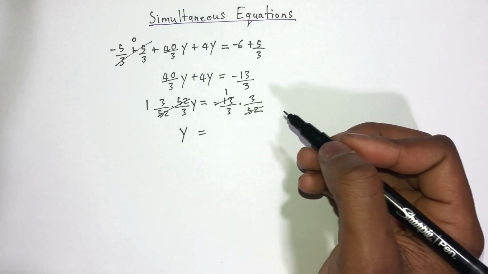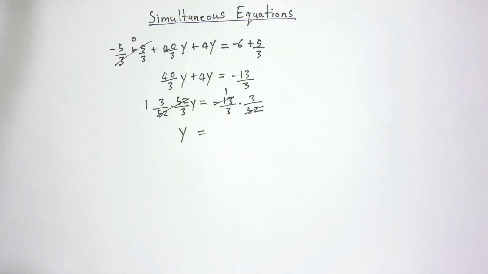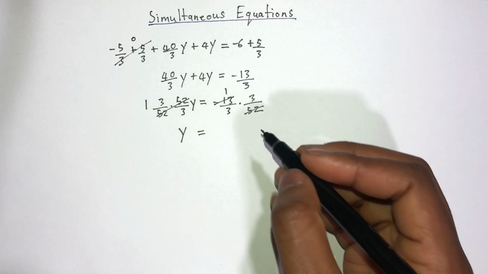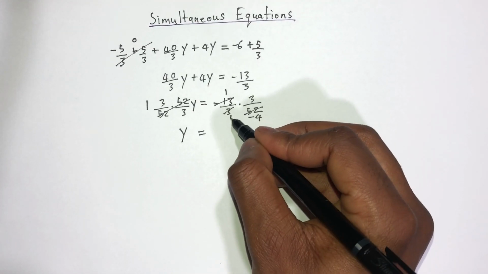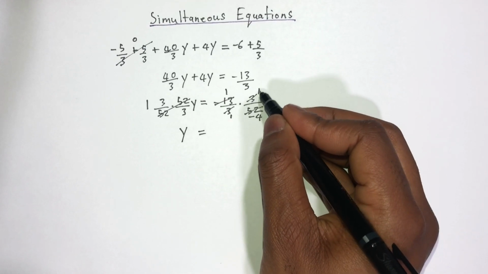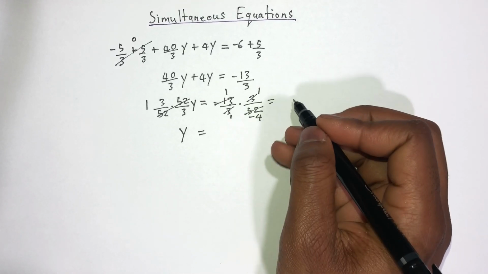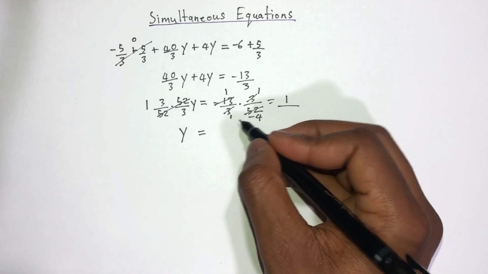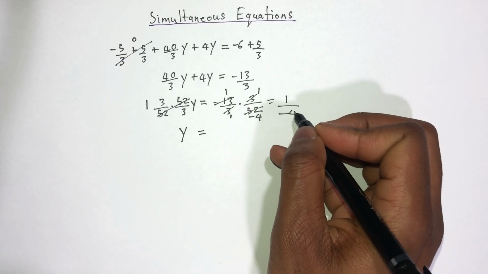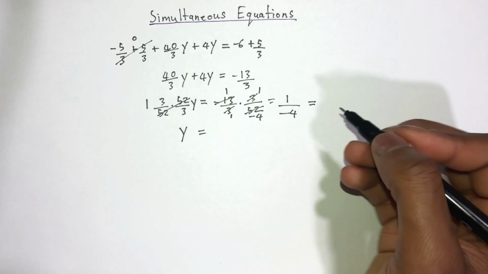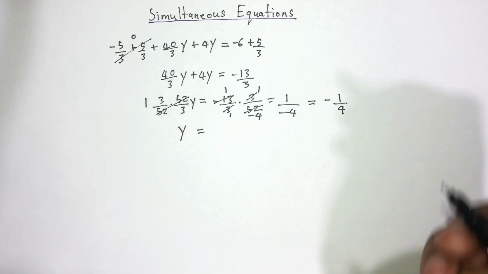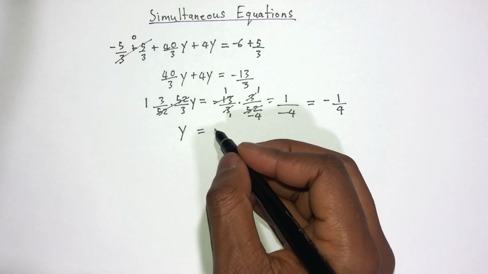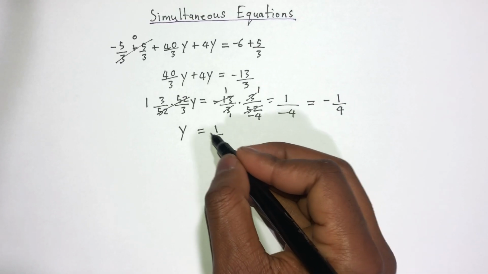Negative 13 into 52 gives us negative 4. 3 into 3 goes 1 times. 3 into 3 goes 1 times. 1 times 1 gives us 1. 1 times negative 4 gives us negative 4. And this is written as negative 1/4. Therefore, our y value is negative 1/4.